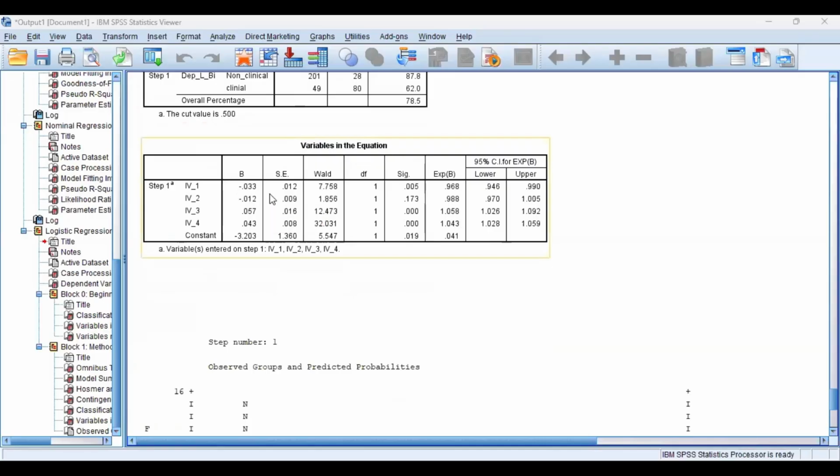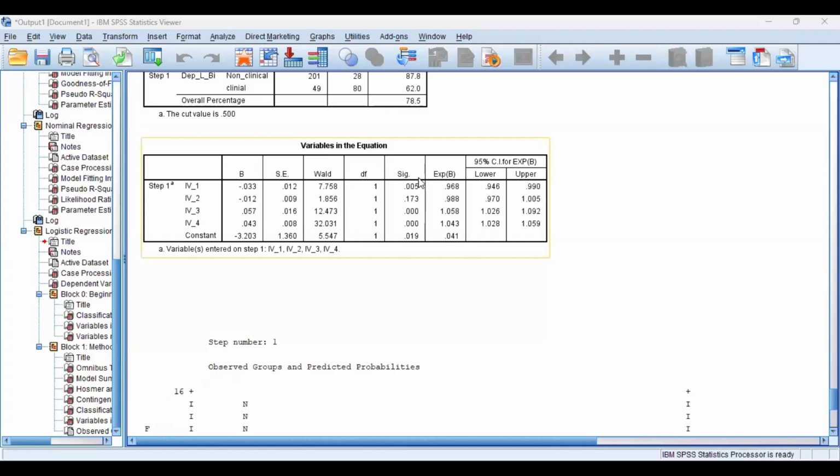In this table, B is equal to the unstandardized regression coefficient, a similar concept to multiple linear regression. SE is the standard error, and then Wald statistics. The function of this statistic is just to check the significance of the regression coefficient.